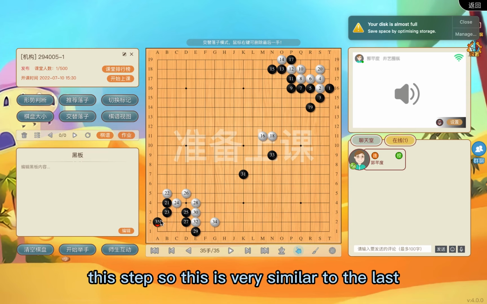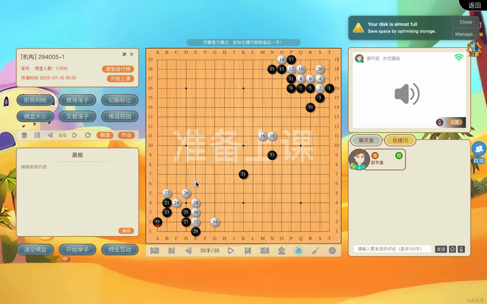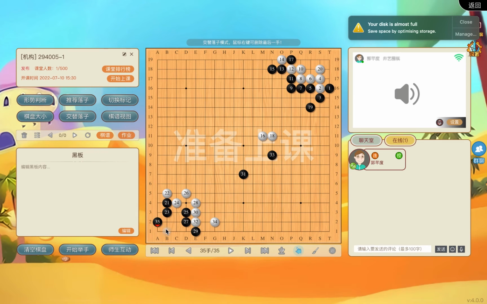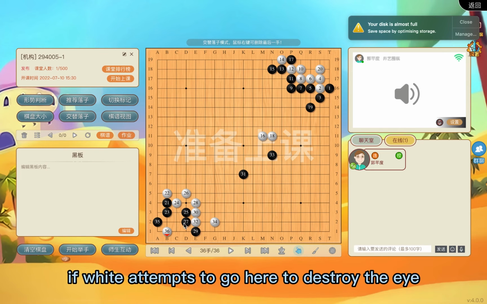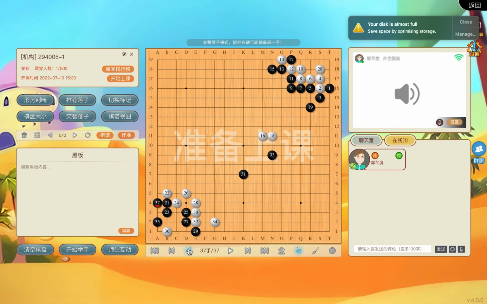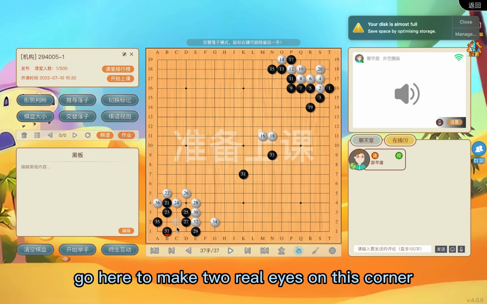So this is very similar to the last question or problem on this side. Remember, black is also going to be able to be alive by placing a diagonal move, and if white attempts to go here to destroy the eye, then black can extend here to make a real eye. If white goes here, then black can go here to make two real eyes on this corner.